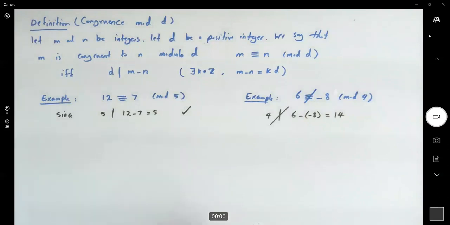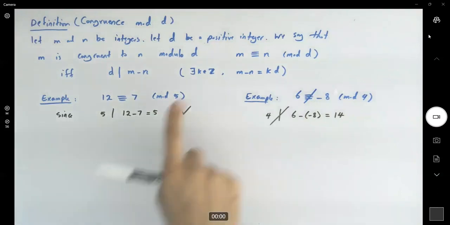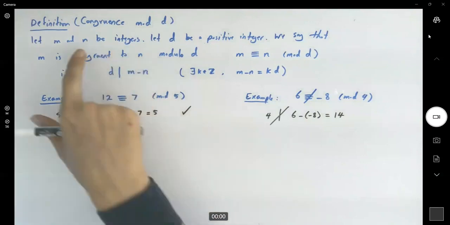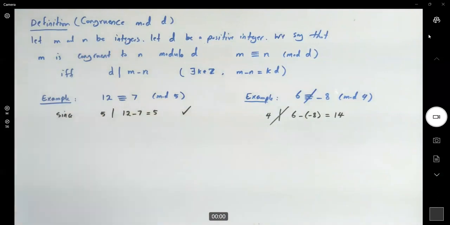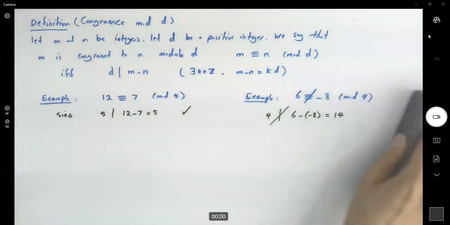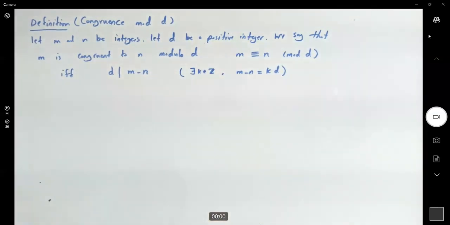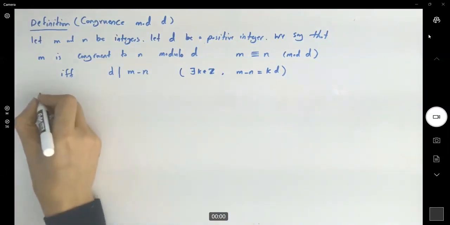Whenever you have an equivalence relation like mod d, the congruence relation, you can define the equivalence class of each element. So let us write this note down here.